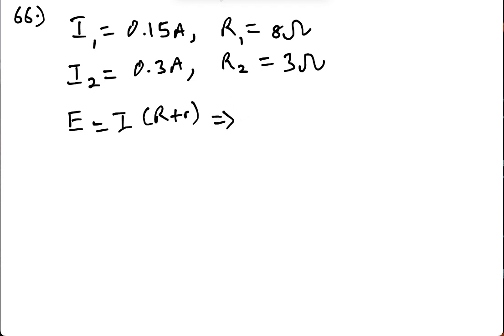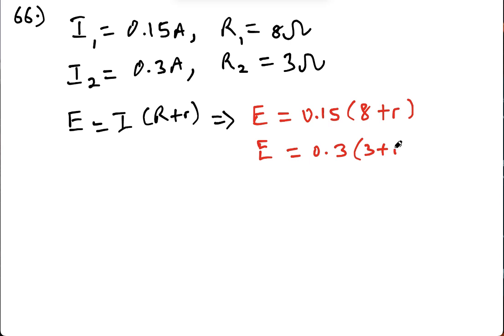In the first case, we will have E equals 0.15 times (8 plus small r), and in the second case we have E equals 0.3 times (3 plus r). So from equation 1, we know that E is the same thing as 0.15 (8 plus r).